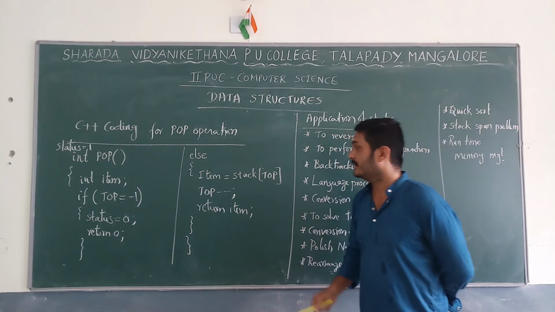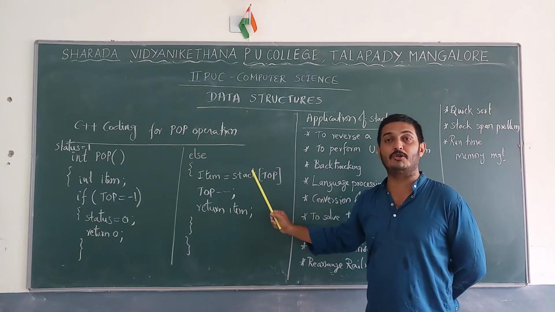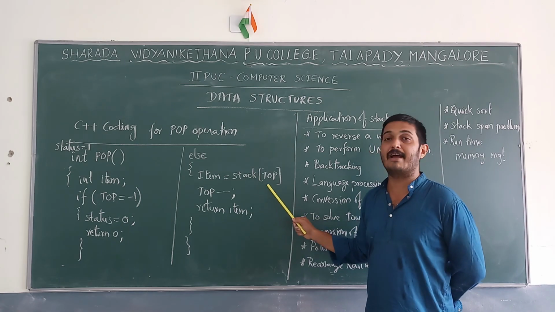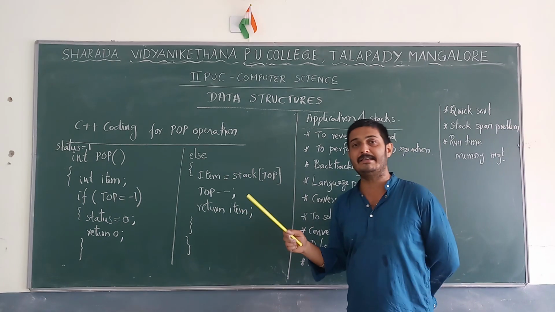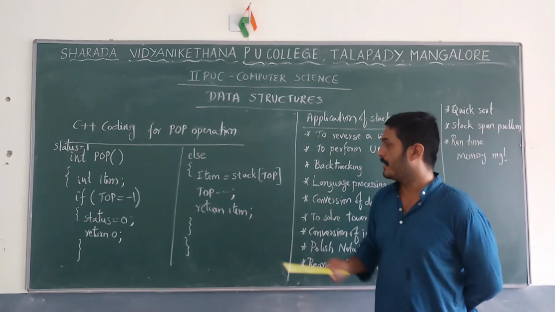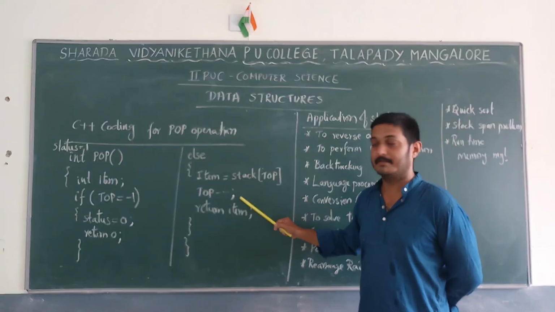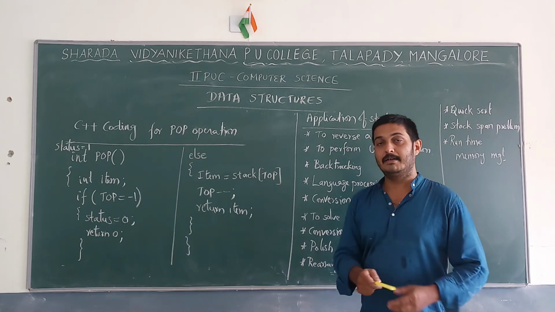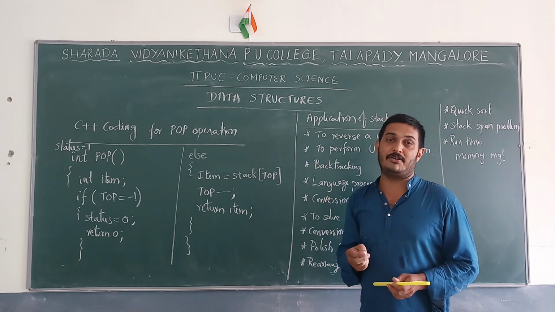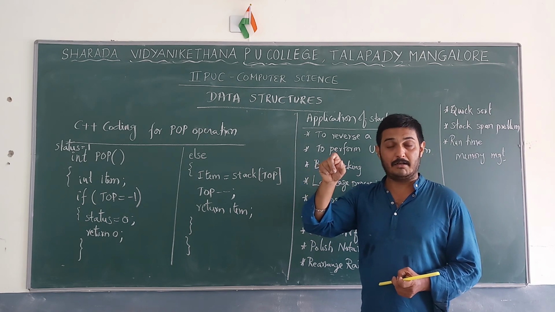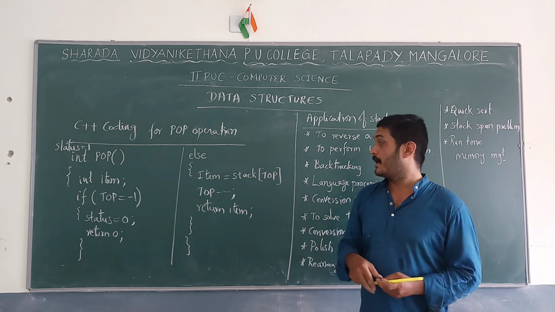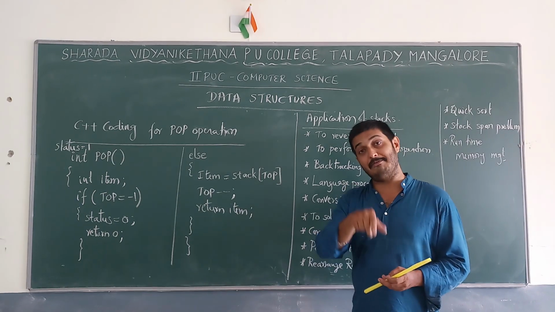Else, we just have to specify which item is to be deleted. Item equal to stack of top. That means we are indicating which element is to be deleted. Right? Next, top minus minus. Top minus minus indicates the previous location. At present, top is pointing to the last element that was inserted, and top minus minus indicates the previous one.